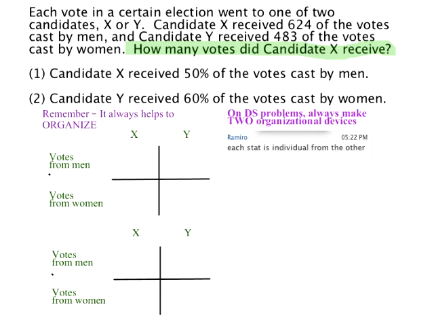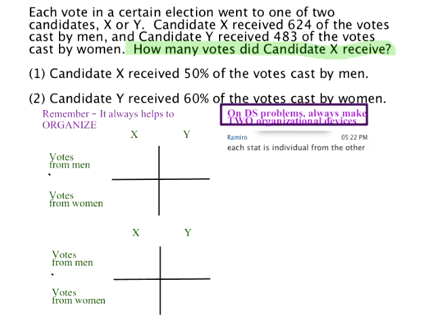So you should be making 2 organizational devices because they are separate problems. When you have statement 1, you don't have statement 2, and when you have statement 2, you don't have statement 1. So always make 2 organizational devices on data sufficiency.